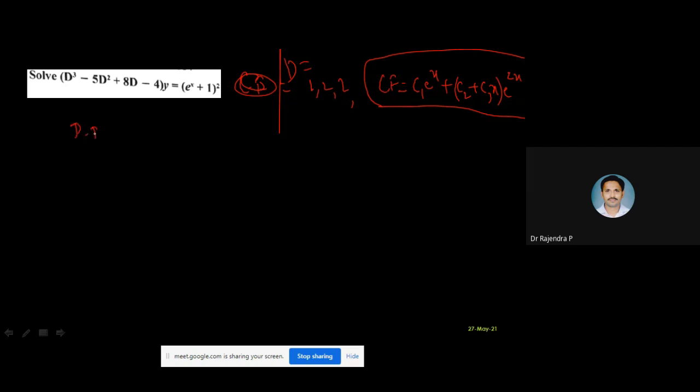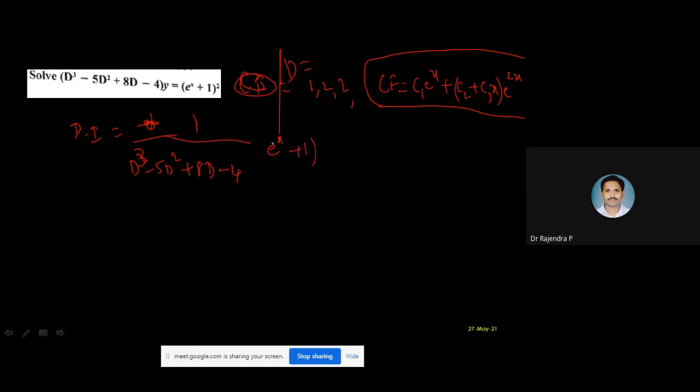Now, the particular integral is 1 by (D cube minus 5D square plus 8D minus 4) into (e power x plus 1) whole square. Directly we don't have it, but we can expand this.